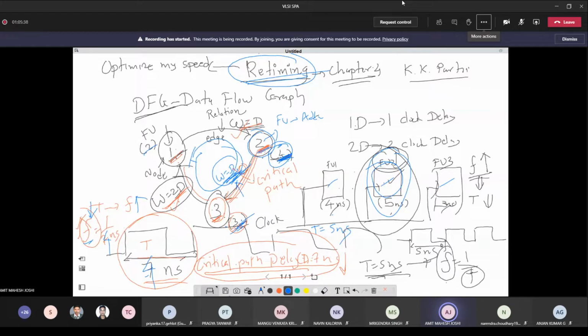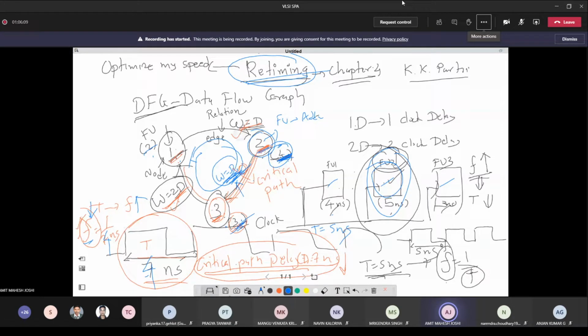In this particular loop, the number of delay elements... Delay element means I am talking about D. This is the time taken by a node, and this delay element is in terms of the clock. So the number of delay elements in this particular loop is 2 plus 1D.